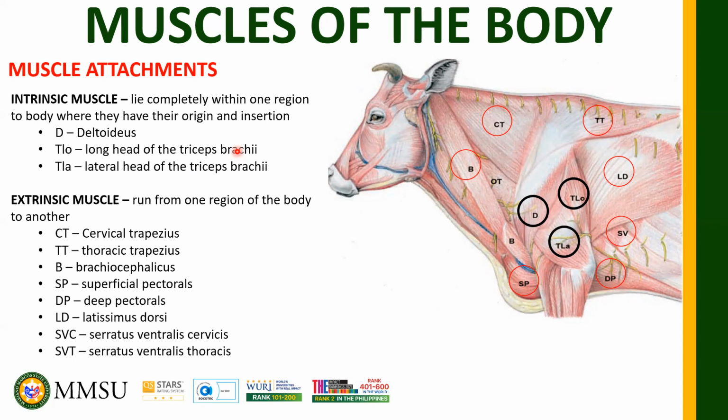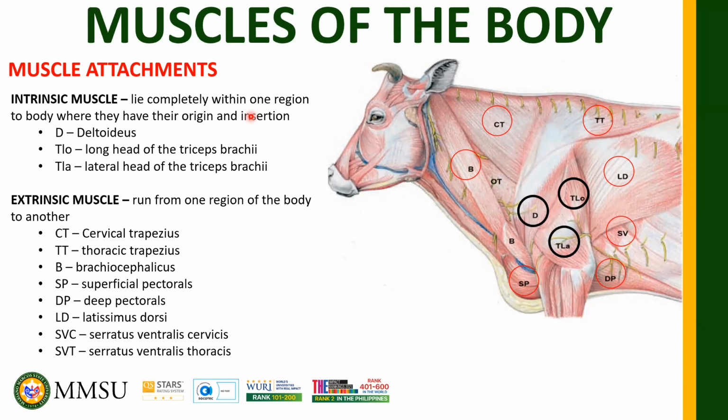Okay? So sa mga muscles na to, usually yung pag-maintain ng body posture, that is the purpose or role of the intrinsic muscle. So yung mga na-circle dito ng kulay black, those are usually the intrinsic muscles.